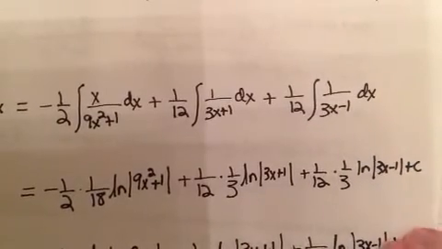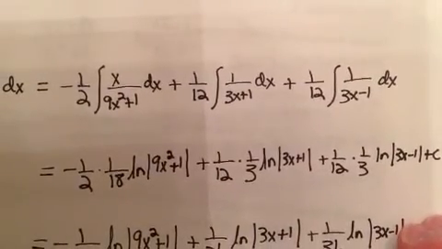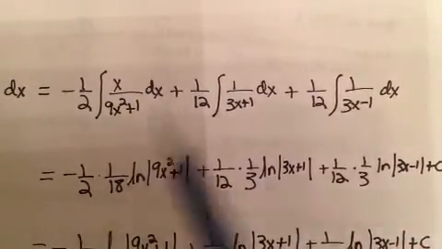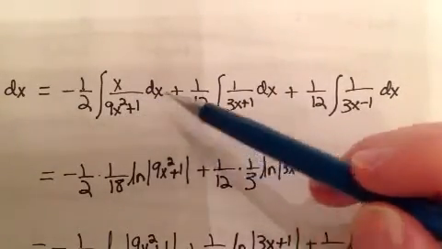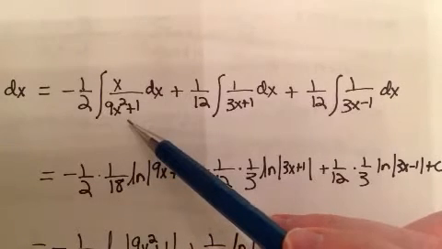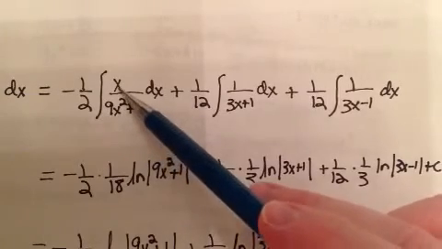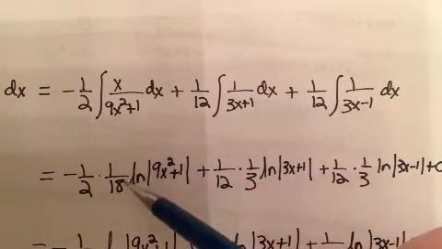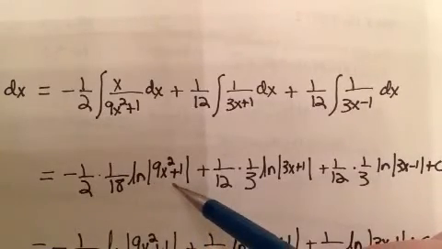And as we look at taking the antiderivatives, for our first term we have negative 1/2 times the integral of x over 9x squared plus 1 dx, which in this case is going to be considering the substitution. The derivative of 9x squared plus 1 is 18x, which will cancel out x but leave us a fraction of 1/18 times the natural logarithm of 9x squared plus 1.